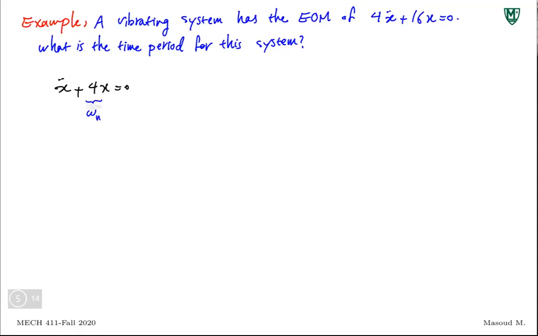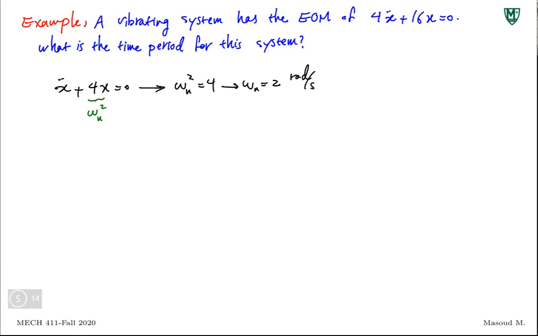Now this is my omega n squared. Let me not use blue. I'll try hard in this course to be consistent with colors. So omega n squared becomes 4, meaning that omega n is 2 radian per second. Now what I want is time period.